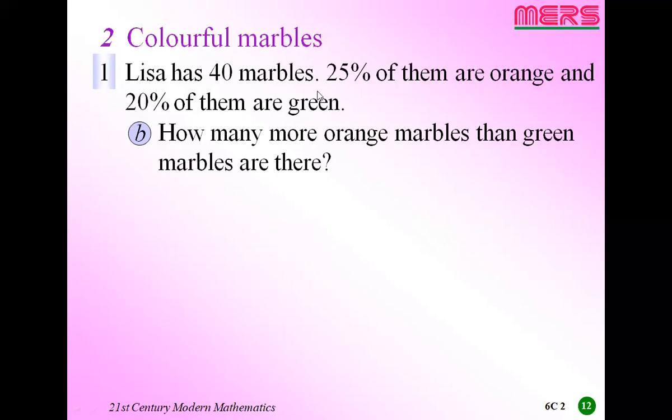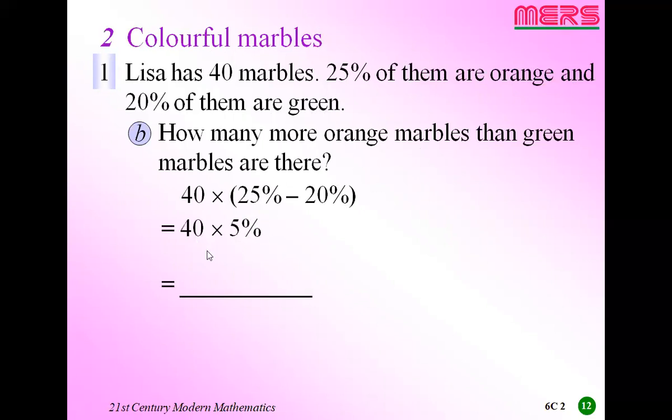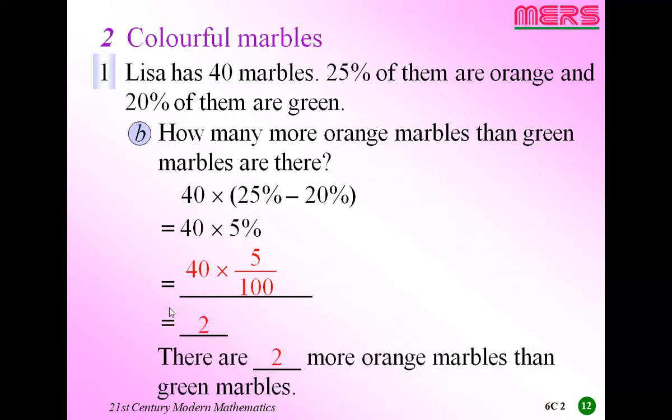Subtraction, right? So basically, use the total number of marbles times 25% of orange marbles minus 20% of green marbles. And then we can find the difference of these two in percentage is 5%. And then we can do all the calculation. We can find the numbers too.